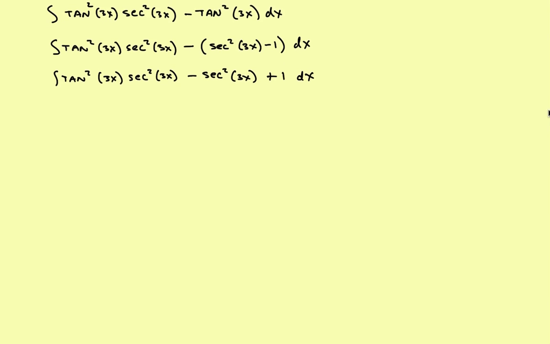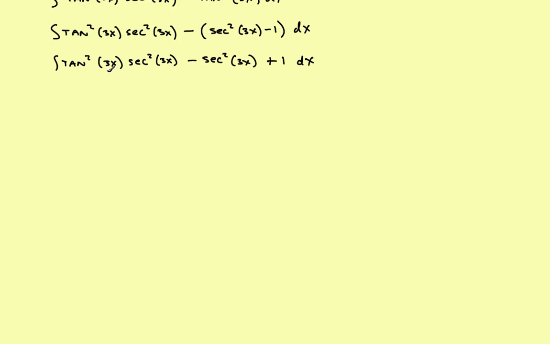So we'll come down here, and rather than having one big integral, we'll make it be the integral of the tangent squared of 3x times the secant squared of 3x dx. So there's the first integral.